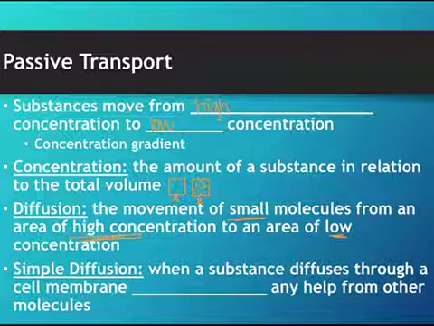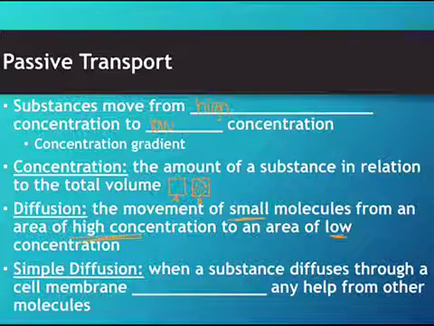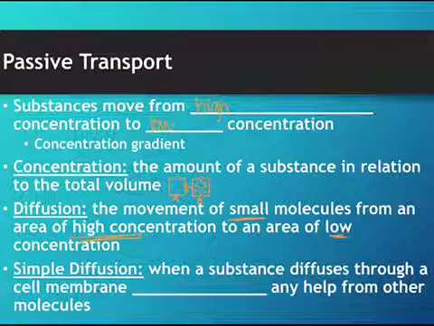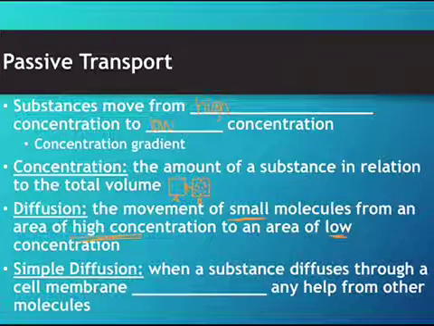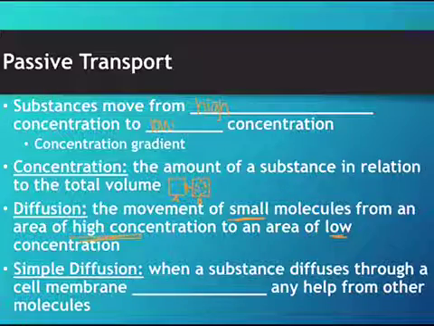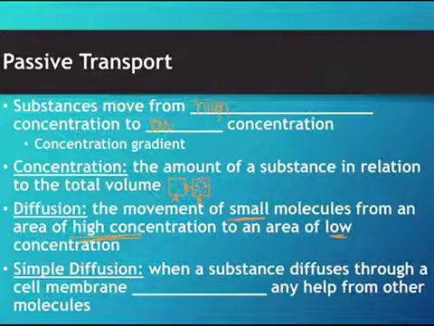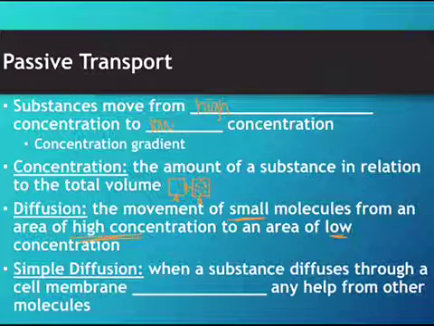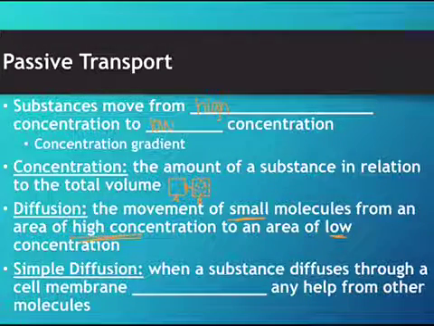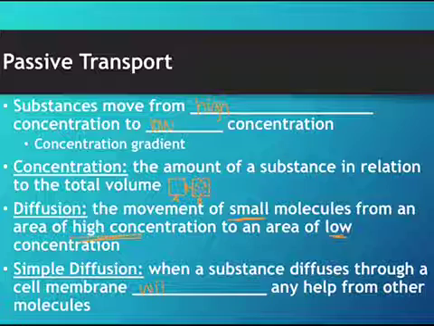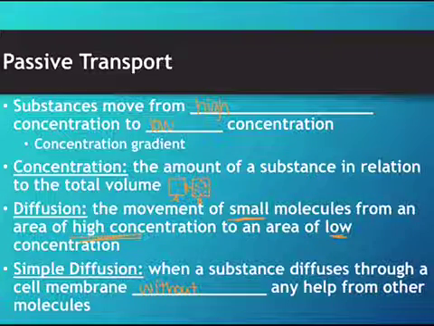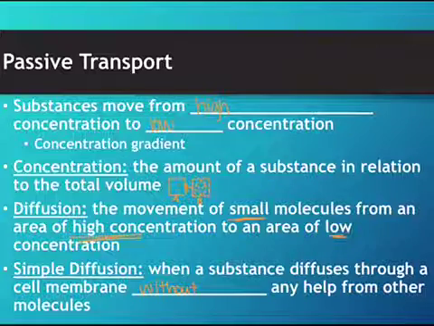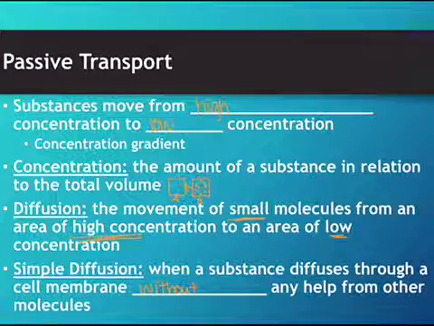So in our diagram up here, the molecules would move from container B to container A, because B has a high concentration of particles, whereas A has a low concentration. Simple diffusion is when a substance diffuses through the cell membrane without any help from any other molecules. So we're talking about those small molecules that can just slip past those phospholipids.